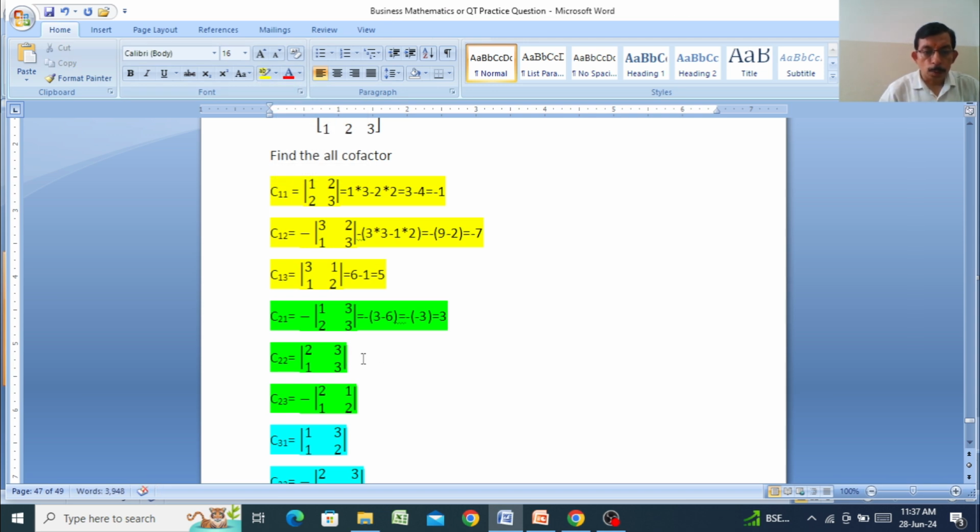Now C22 is 2 times 3, 6 minus 3 times 1 is 3, equal to 3.